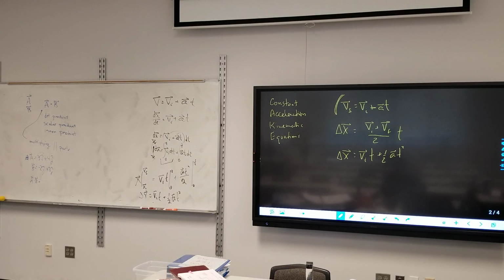Well, i hat, those are parallel to each other. So that's 3 times negative 2, which is negative 6, plus multiply the j hat parts together, and I get 12. The answer is a scalar, thus calling it the scalar product. There is no vector in the final answer.